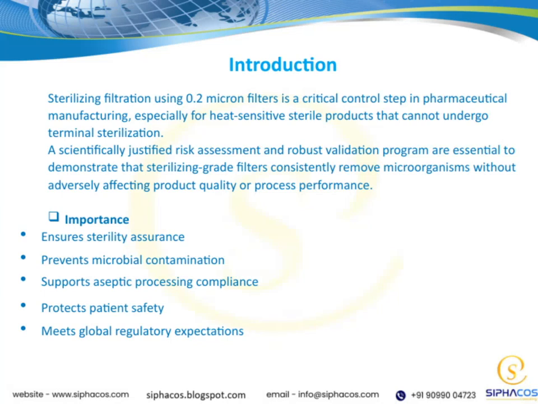Let's start by discussing sterilizing filtration using 0.2 micron filters. This step is absolutely critical in pharmaceutical manufacturing, especially when it comes to heat-sensitive sterile products that can't go through terminal sterilization. Because these products are sensitive to heat, filtration becomes our primary means of ensuring sterility.